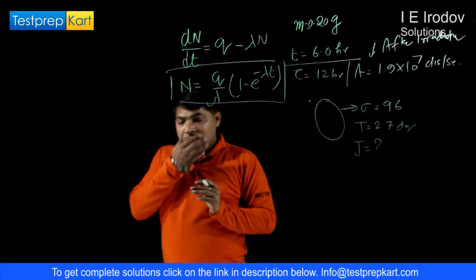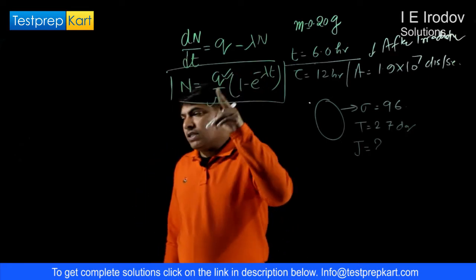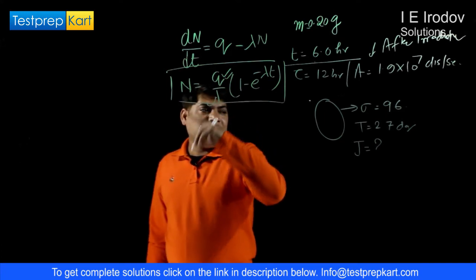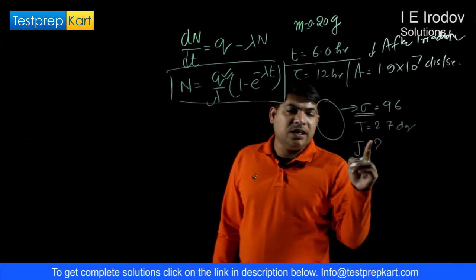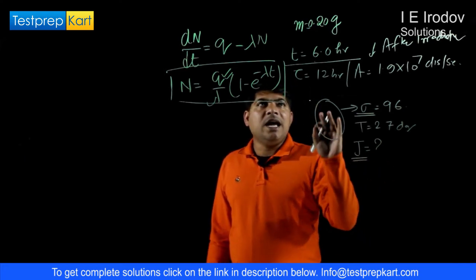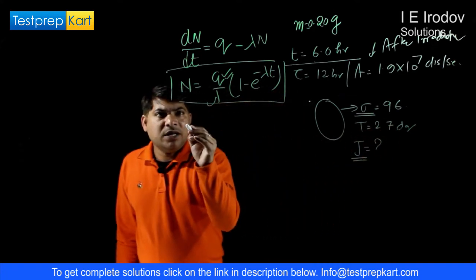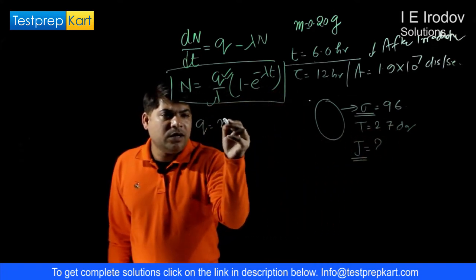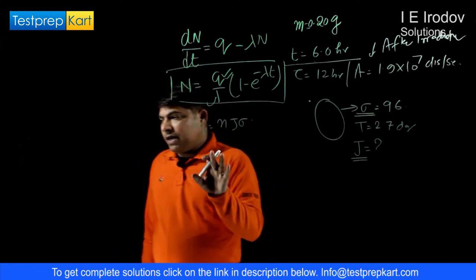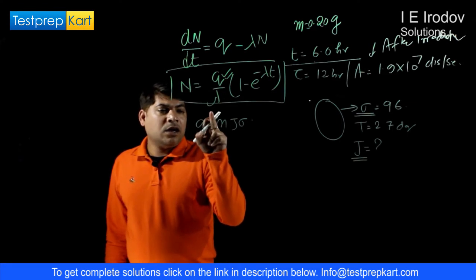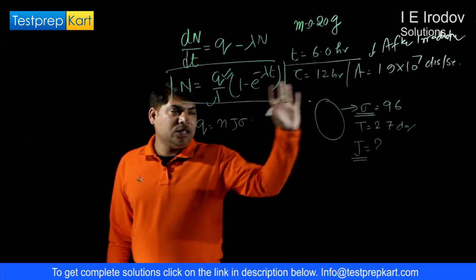Now first we must have information about q. For that purpose the cross-sectional area is given. Let the flux density be j and suppose there are n nuclei, so q equals n j sigma. Before that, it would be better to calculate the number of host nuclei in this gold foil.